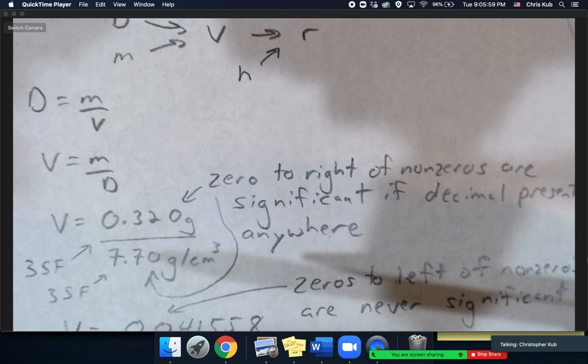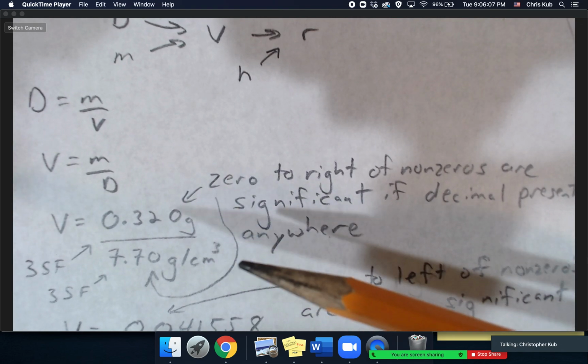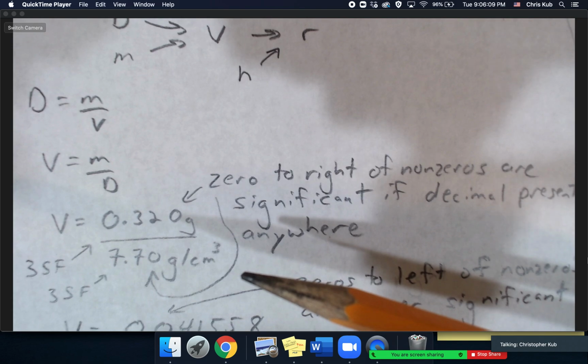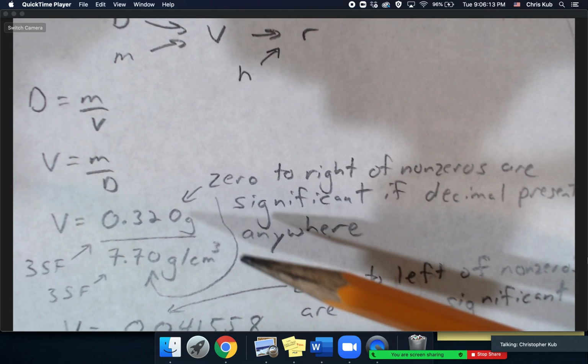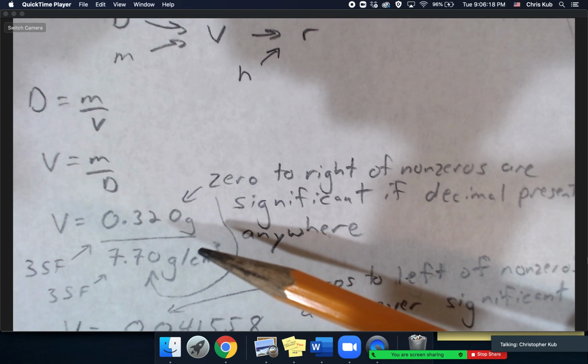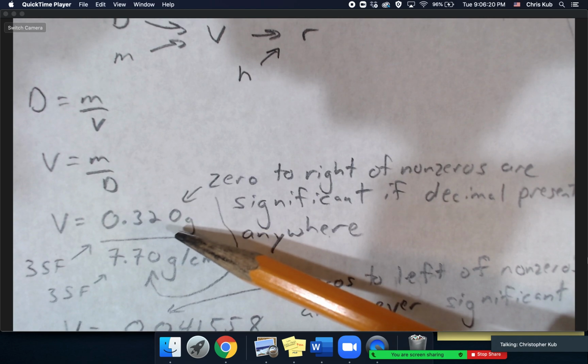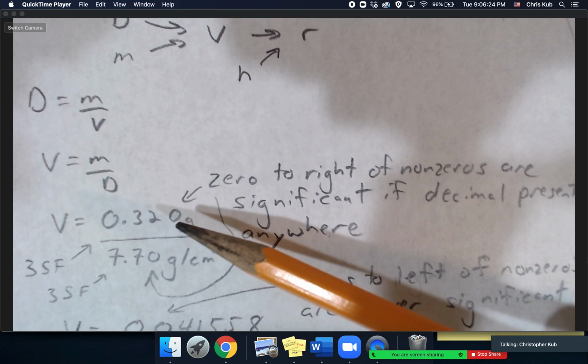So that mass would be somewhere between 0.3 and 0.4. But by keeping that 0, which I got from an expensive scale that costs hundreds of dollars, it's more expensive because it's precise. Because we have such an expensive scale, we want to mark that we were able to measure the mass to the thousandths place. So we're not going to give up that 0 that we paid for.